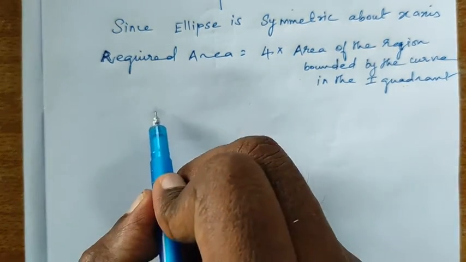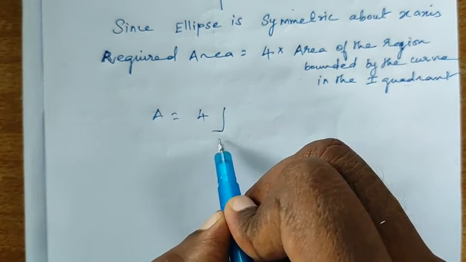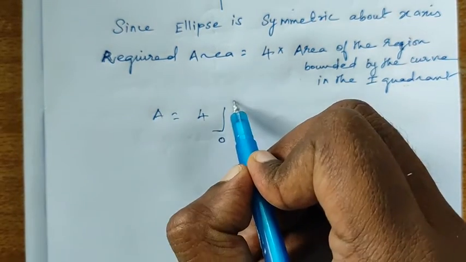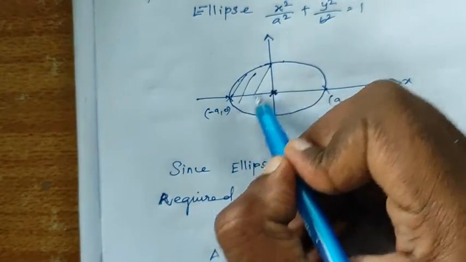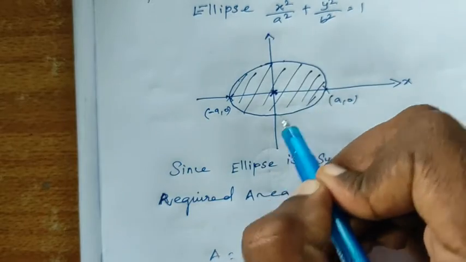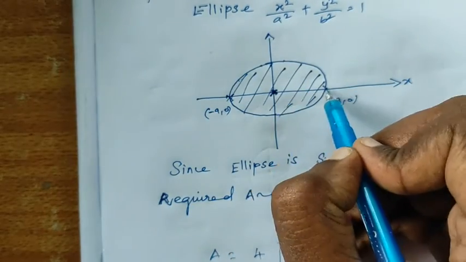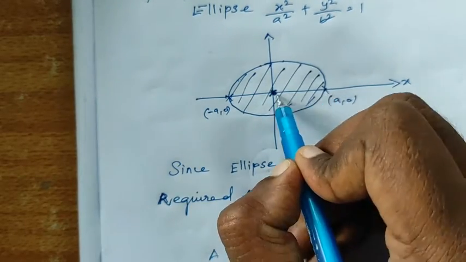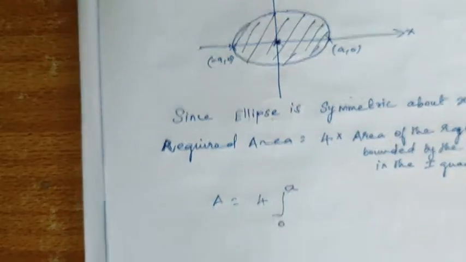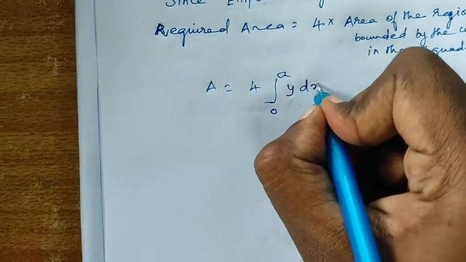So area A is equal to 4 into integration 0 to a. We have to find the entire area, so the limit is from 0 to a, center to vertex. So 4 into integral 0 to a, y dx.